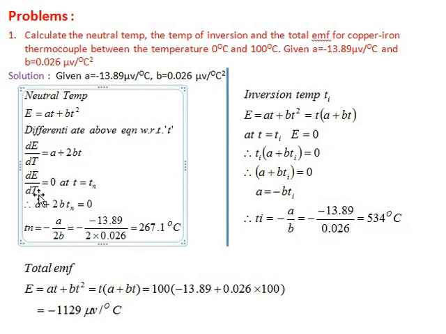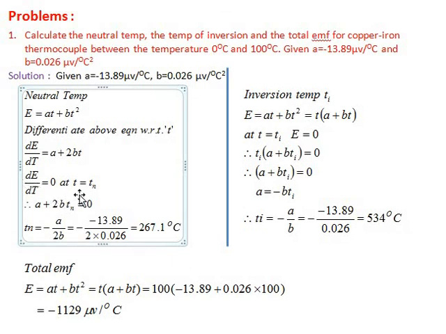Now dE by dt is equal to 0 at t is equal to Tn, that is the neutral temperature. While studying the theory, thermo EMF is maximum at a particular temperature, so the rate of change of thermo EMF is obviously 0.